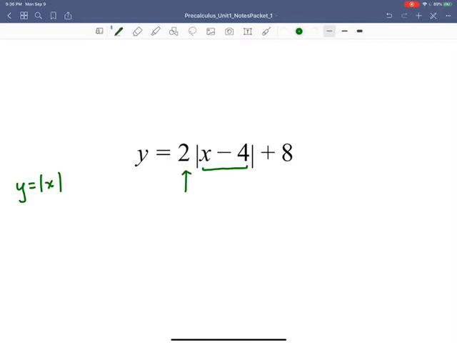Multiplied by 2 means we're going to vertically stretch the graph of the absolute value function by a factor of 2. And then plus 8 means we shift the whole graph up by 8.